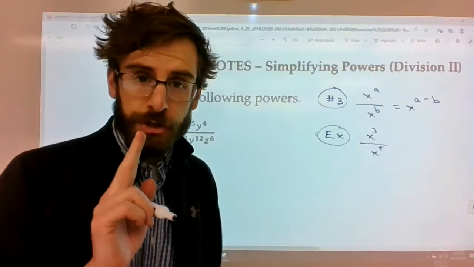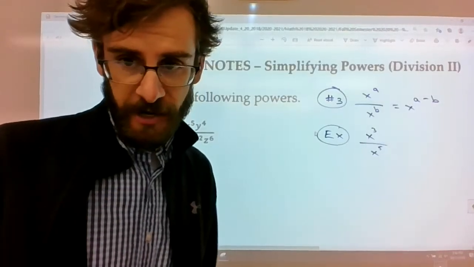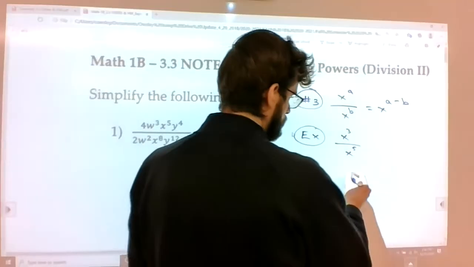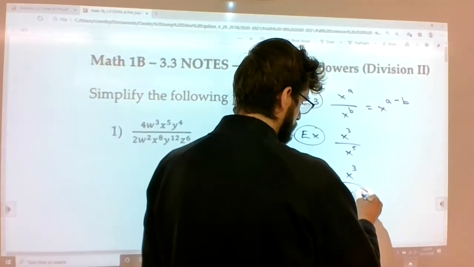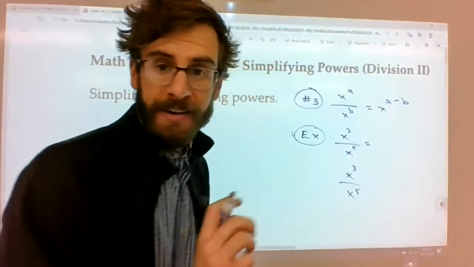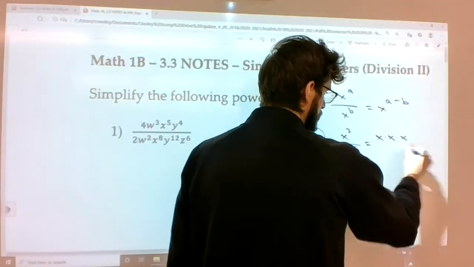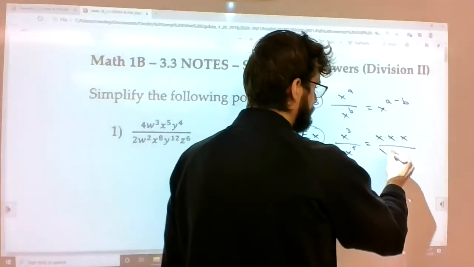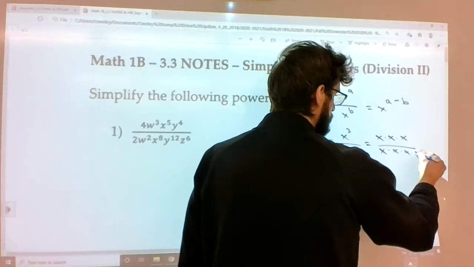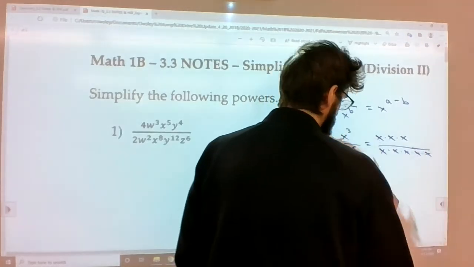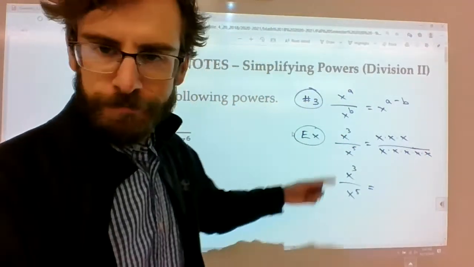And I want to take two different routes to figure this out. The first route is expansion, where I just multiply it all out. The second route is use the rule.